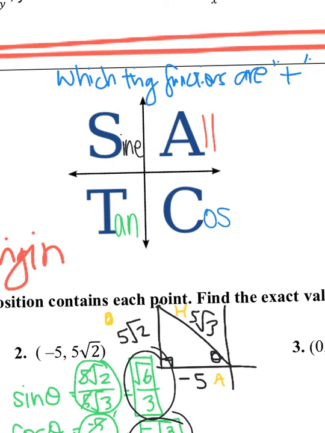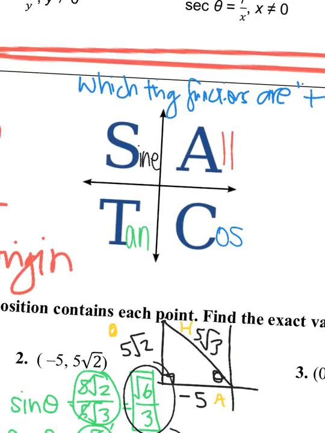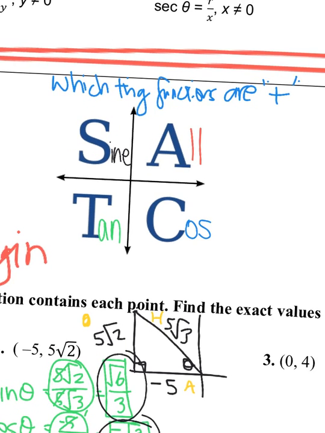You can get all the values of the 6 trig functions down first, and then use this to tack on the negatives. Or if you do it the way I was doing it, where you just keep the negative on that 5 base, it automatically does the positives and negatives for you, and then you can just double check with this trick. So it's up to you.